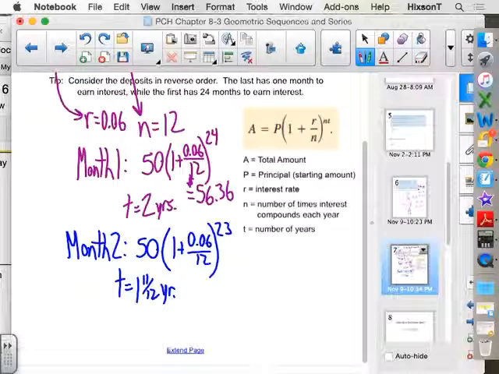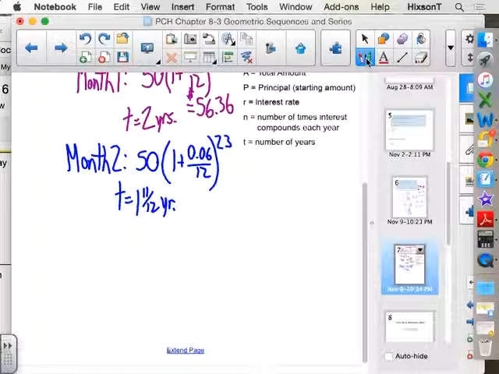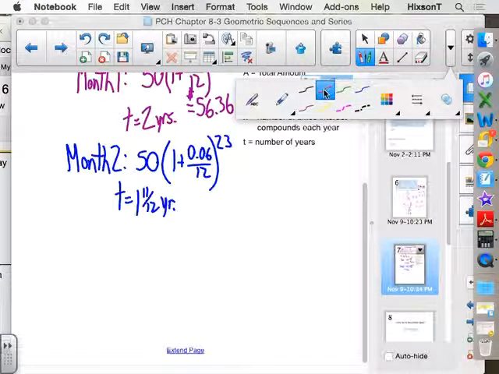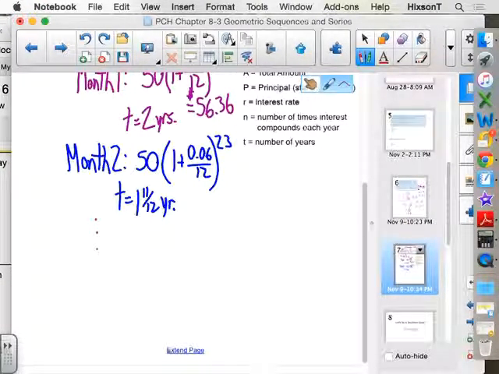We'll look at the formula itself a little more closely when we get to our unit on exponentials. But technically our time here is always in years. It's 1 and 11/12 years, or 23 months. Now, this continues on with this same pattern until we get all the way down to month 24.